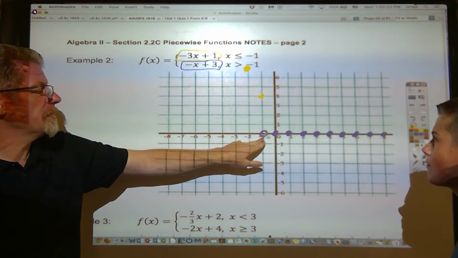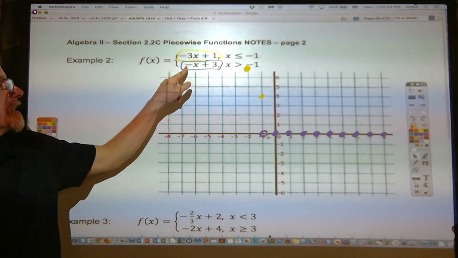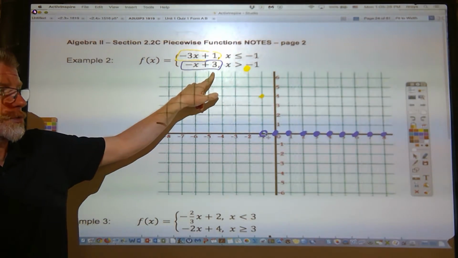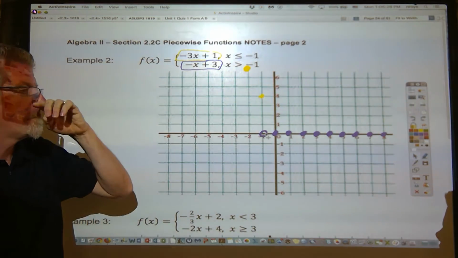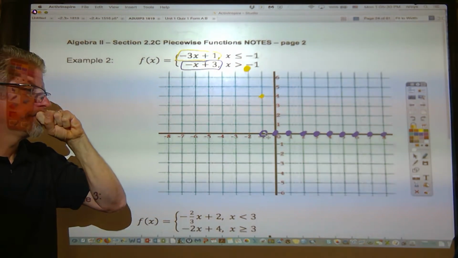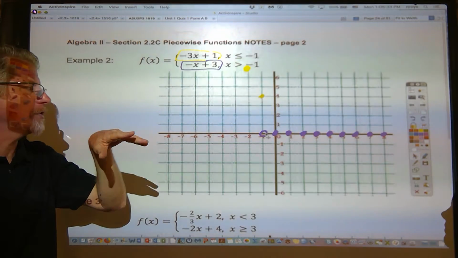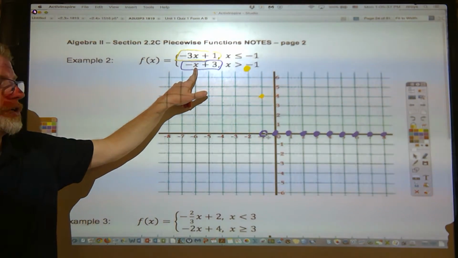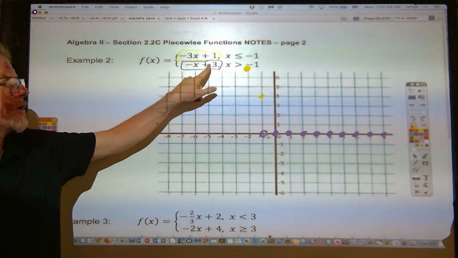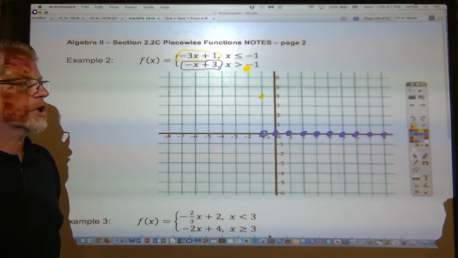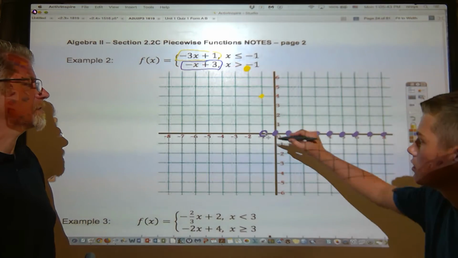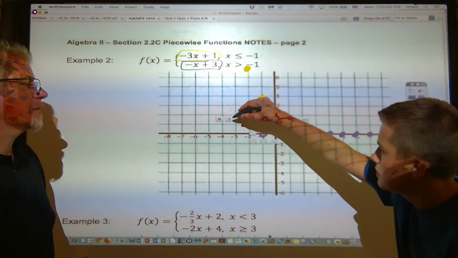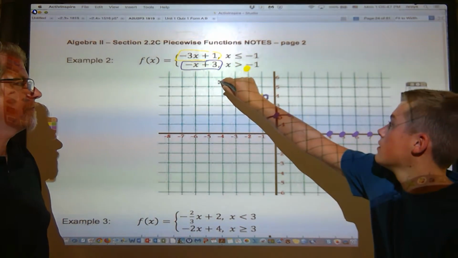So if the input is -1, and the rule is take -1 times the input plus 3, what will the output be? Class, this is for you. Let's do it. It's a two-step problem. What's -1 times the input? 1. Add 3? 4. So it should go up to an altitude of 4. Take the ghost golf ball and bring it up to an altitude of 4.